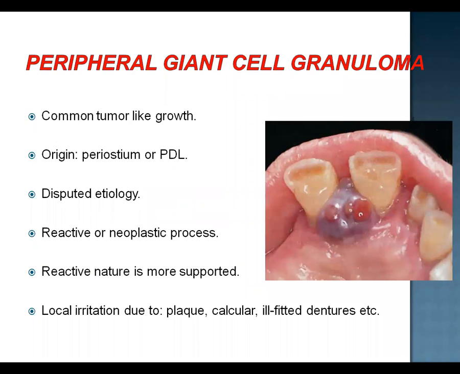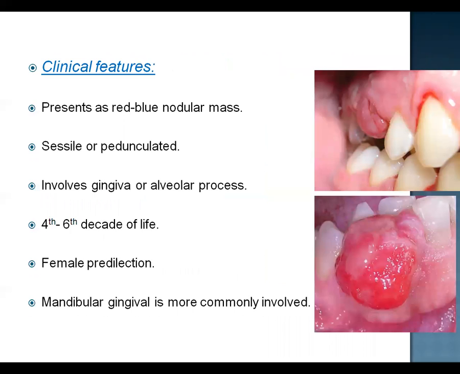Next important entity is the peripheral giant cell granuloma, or you can call it PGCG. It is a common tumor-like growth. Origin is the periosteum or the periodontal ligament. Etiology is disputed, reactive or neoplastic process, but the reactive nature is more supportive. Local irritation due to plaque, calculus, ill-fitting dentures, etc. Clinical features: it presents as a red-blue nodular mass.